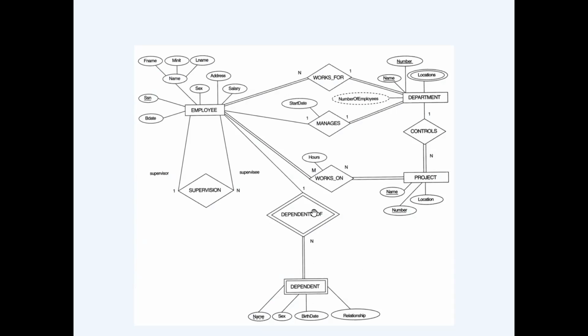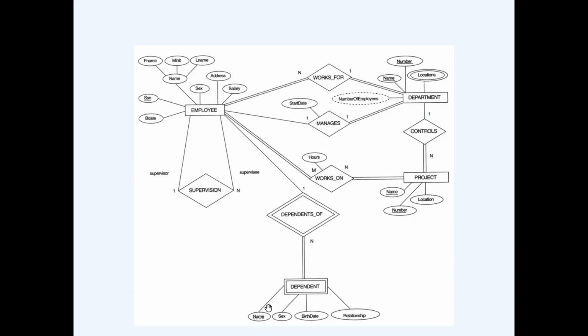And this actually depends on the owner entity. You can notice the relationship here is with the employee, right? So without a particular employee, there's no existence for this dependent. That's why it's weak. You can see a dashed line here, which we call a partial key. Using both the key attribute from the owner entity, which is social security number, and this partial key combined together, we can form a primary key.